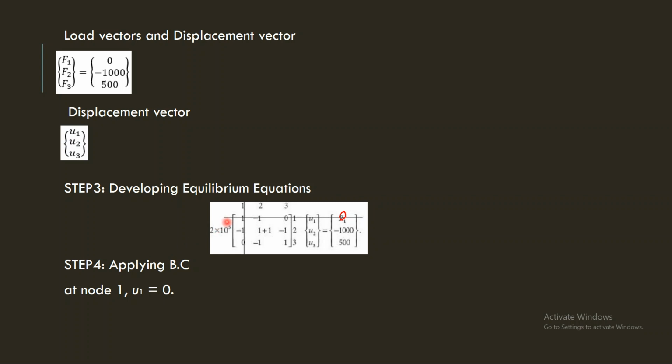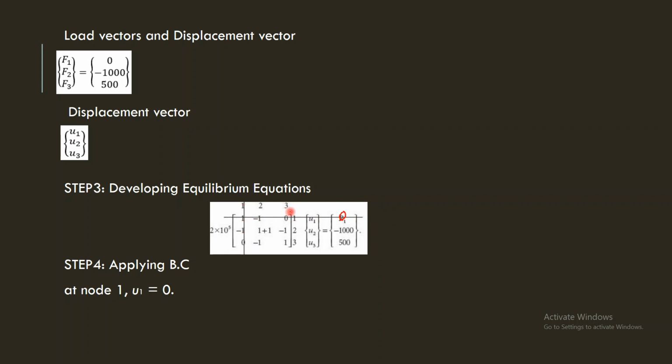Okay. So the elimination method that you have previously seen, the degrees of freedom related to u1 should be eliminated. That is the column and row. The one column I am going to eliminate, as well as one row I am going to eliminate completely. Okay.